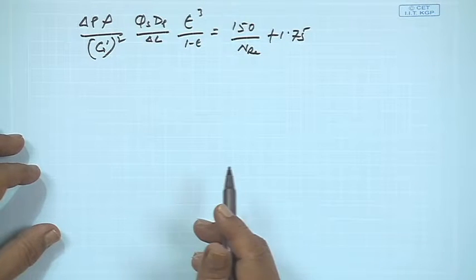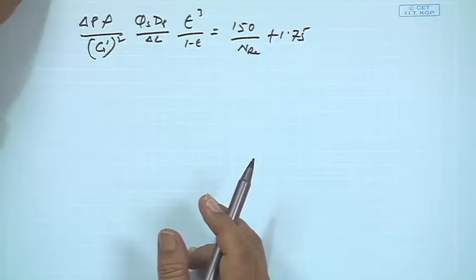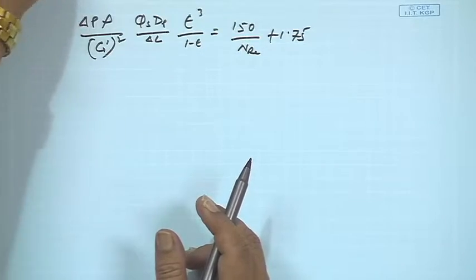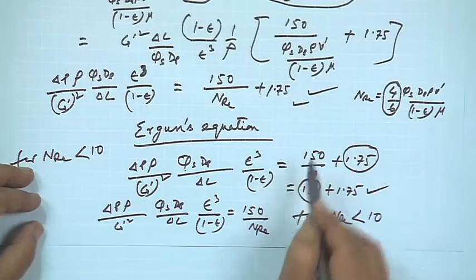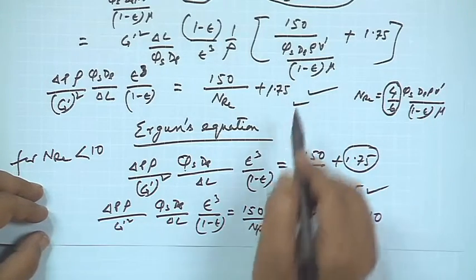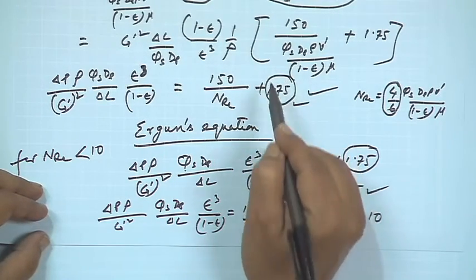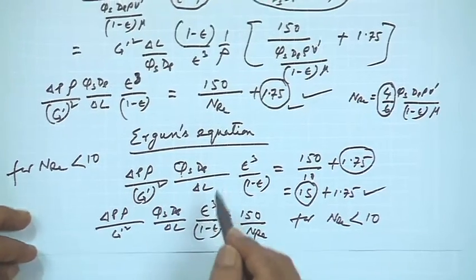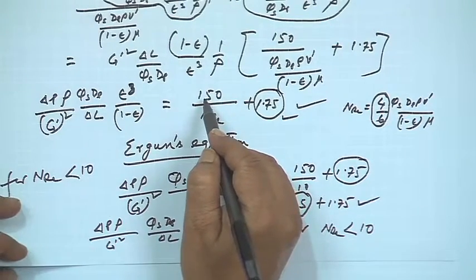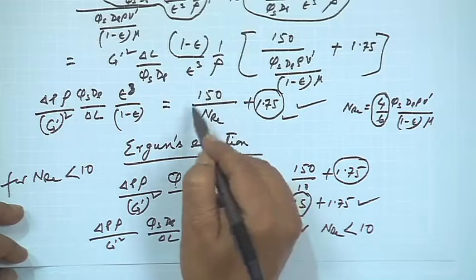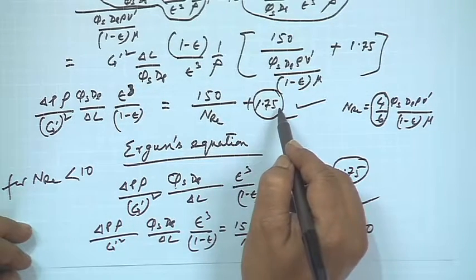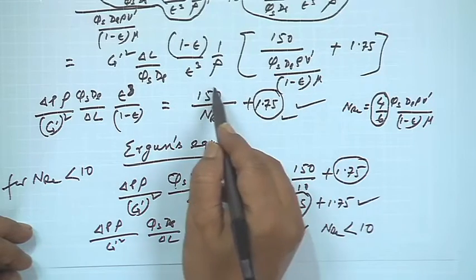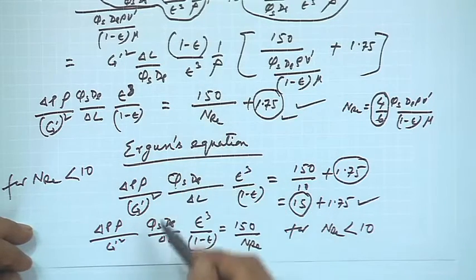So, we can come back to the Blake-Kozeny equation from Ergun's equation, by neglecting the second term 1.75, because compared to 150 by NRE, when NRE is very low, this 1.75 can be neglected because this term is high.